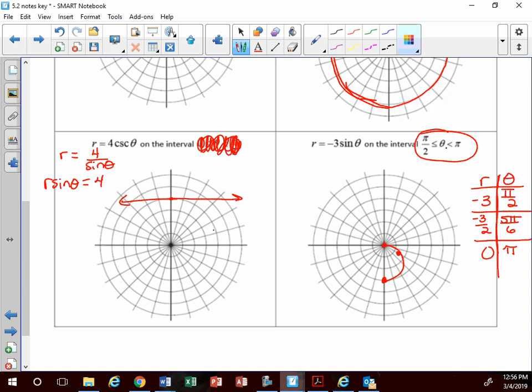No, it's just to help you recognize which piece of the circle you're looking at. And guys, pi over 2 to pi, that's not very big, is it? That's 1 quadrant of your original circle. But how much of an actual circle graph did I get? Half of it. So what do you think you need to graph an entire circle?